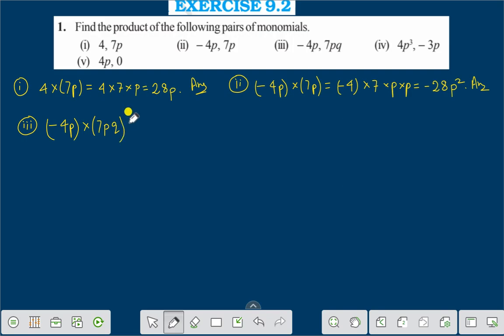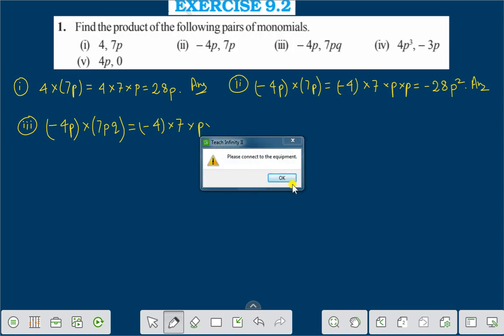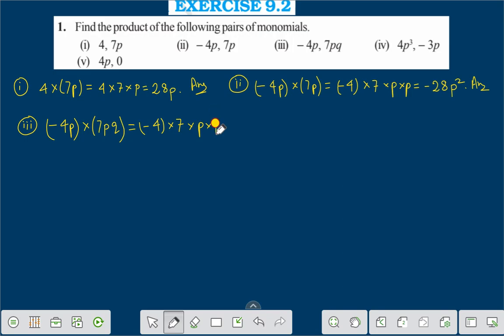We can write here as, first of all, multiply the number, that is minus 4 into 7 into p into p into q. That will be equal to minus 4 7 28, minus 28 p into p, that is p square, and q. That is the answer of question number 3.